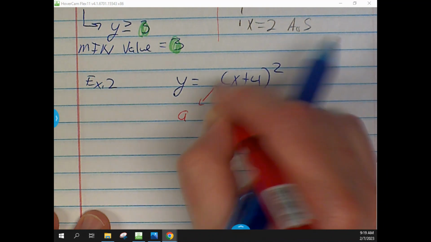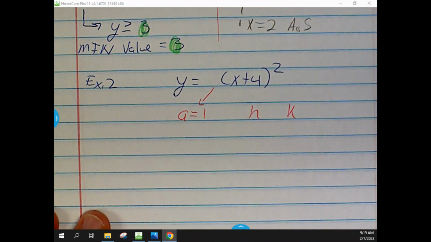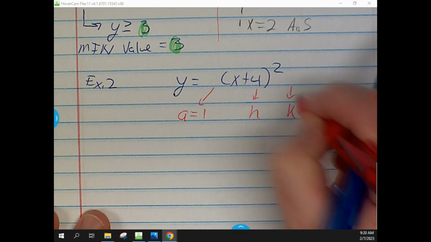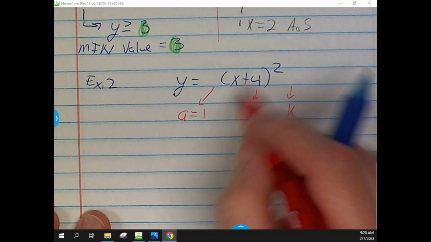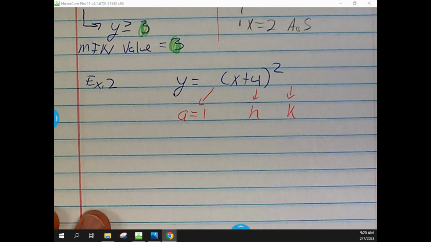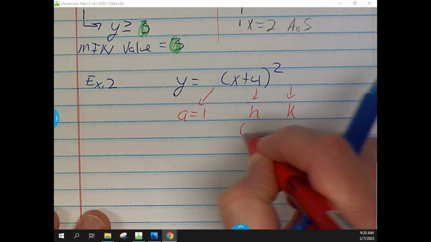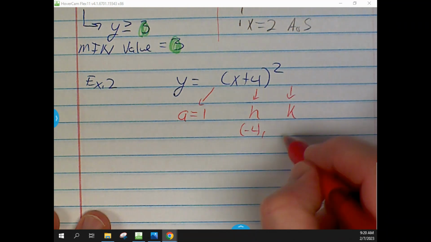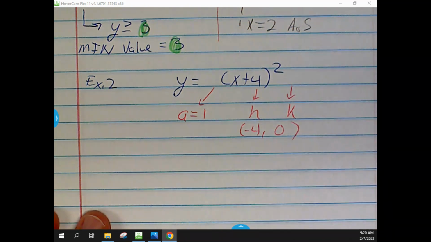Again, there's no number in front of the x, so that means the a value is 1. H value, that's the number that's on the inside. The k value, that's the number that's on the outside. And again, the number on the inside always goes the opposite direction we think. So for this one, we've got to change the sign, make it -4. And there's nothing back here, right? So k value is 0.